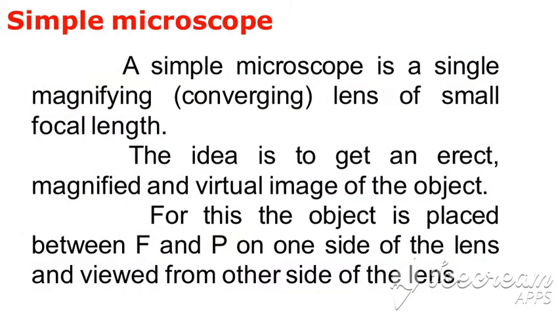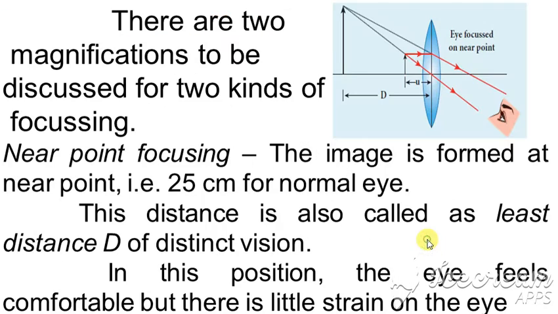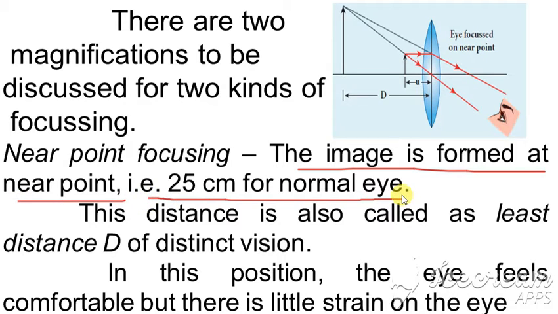This is a simple microscope, and there are two magnifications which we are going to discuss here: near point focusing as well as normal focusing. First, near point focusing: the image is formed at the near point, that is 25 centimeter from the normal eye.